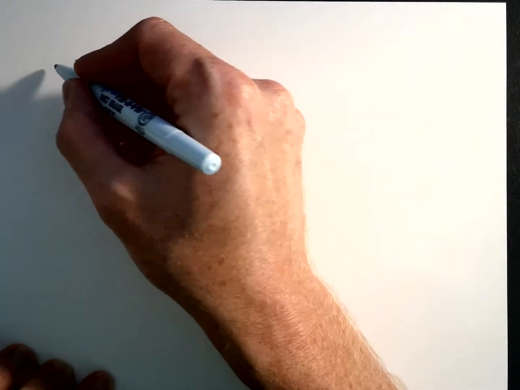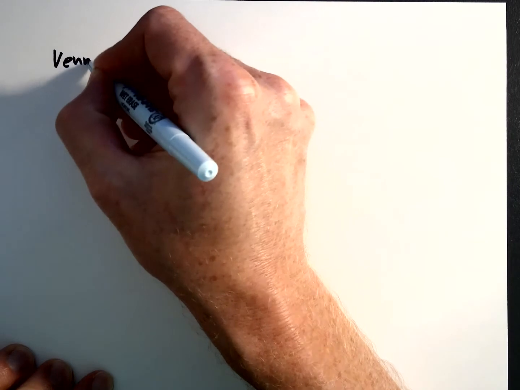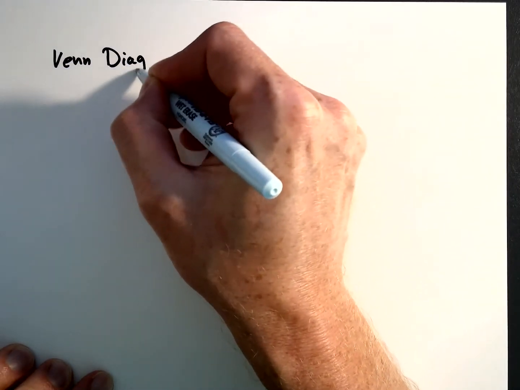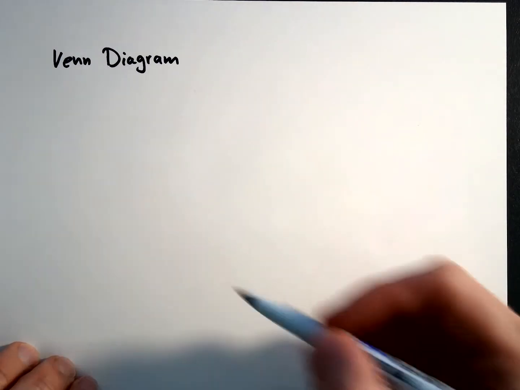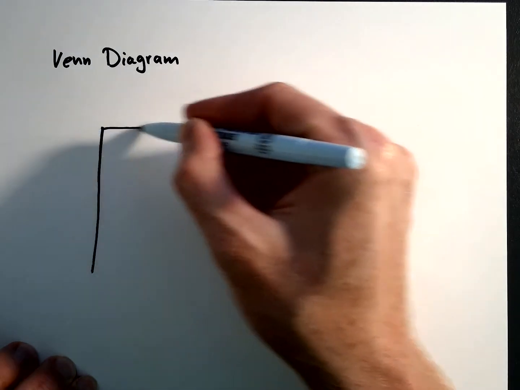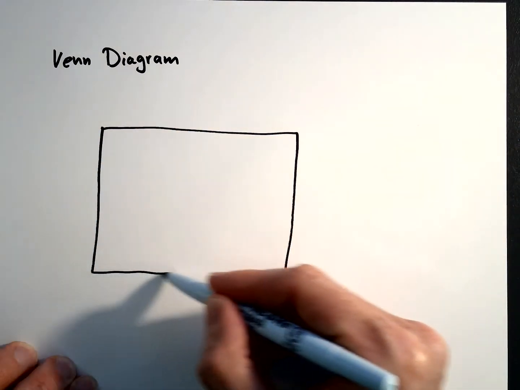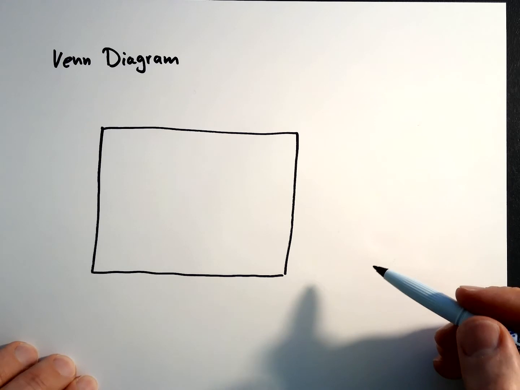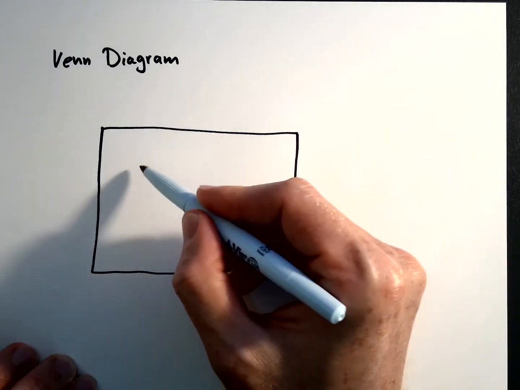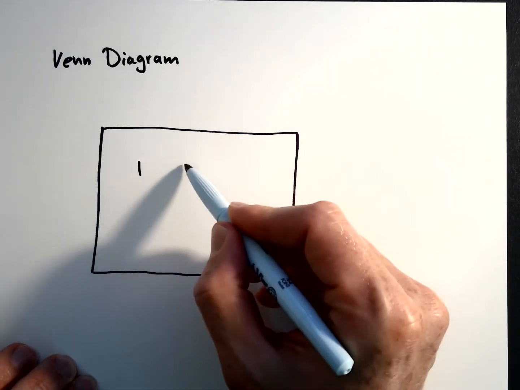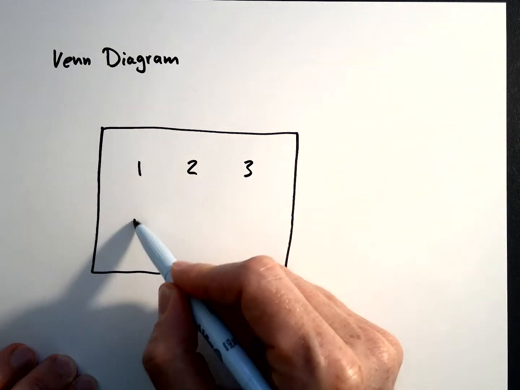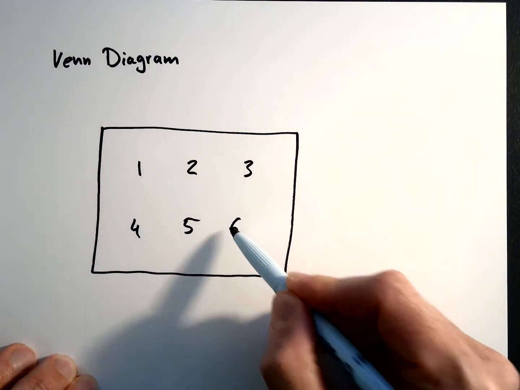Now let us look at some set operations, and we are going to use Venn diagrams for this. Consider the example from the lecture notes where we are going to roll a die. The sample space of all possible outcomes can be represented as a box where we can roll a 1, 2, 3, 4, 5, or 6.